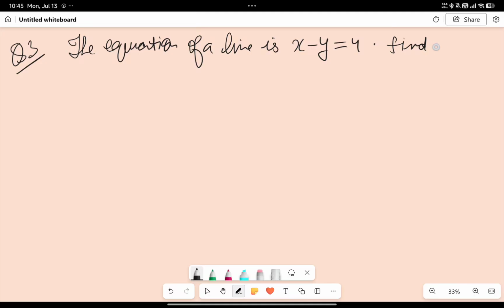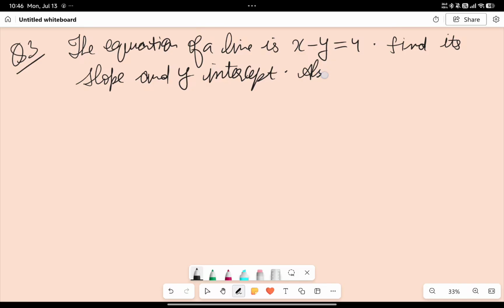Find its slope and y-intercept. Two things you have to find here. Then, a third thing: also find its inclination. Inclination means the angle.